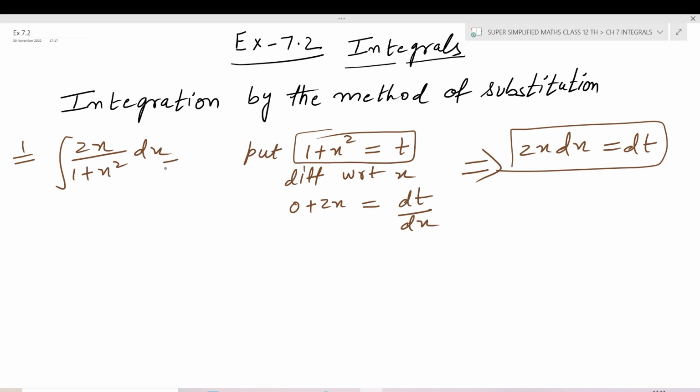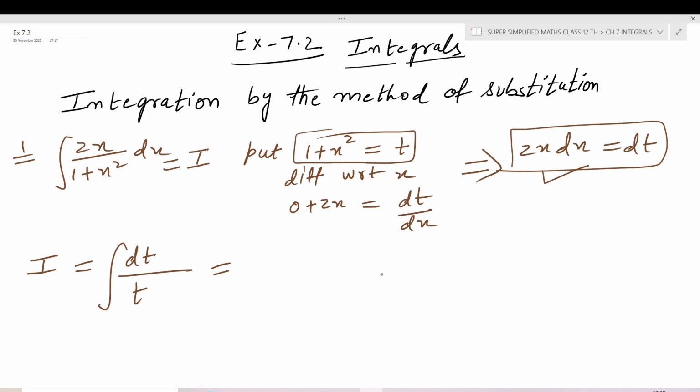And now let us assume that this integral that we have to find is equal to I. So now this I becomes, you can see here in second box, 2x dx is dt. So I can write dt here because numerator is 2x dx and the denominator is 1 plus x square, which is t.